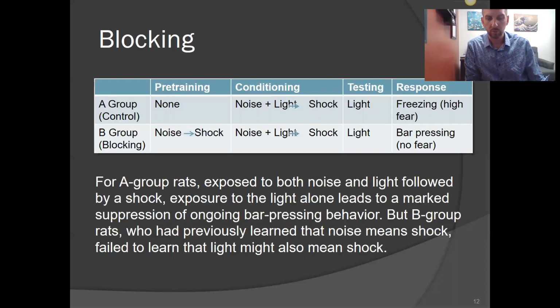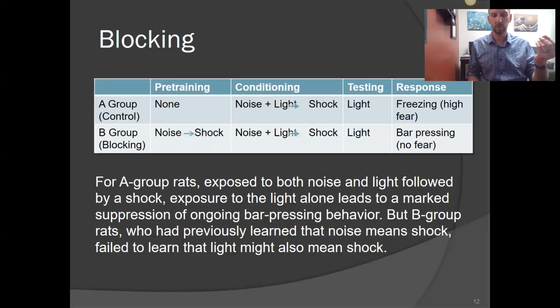Okay, so let's say you randomly assign a group of rats, so that one group of rats basically gets a normal conditioning response, and they are conditioned to associate a noise and a light with shock.